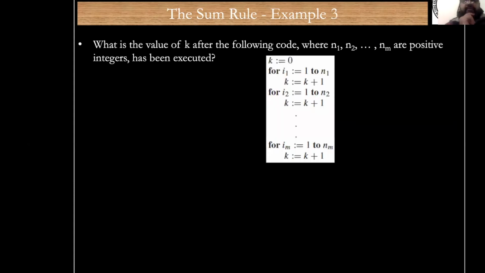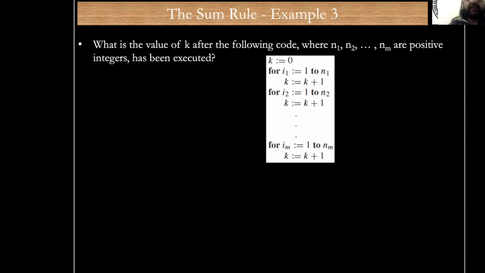Let's take another example. The difference between this example and example 5 that was given previously for the product rule is that the sum rule follows when we have n1 options for I1, n2 options for I2, and so on. For each of these options, it's not a nested loop. So k is incremented, then the next loop runs, and so on.